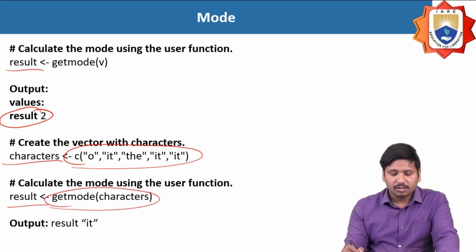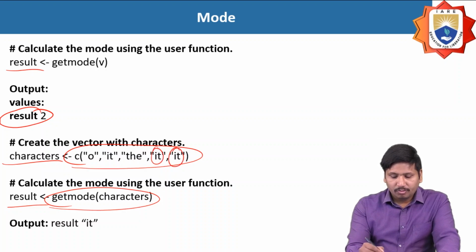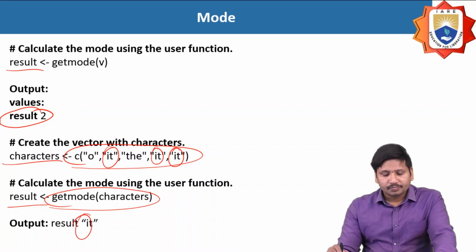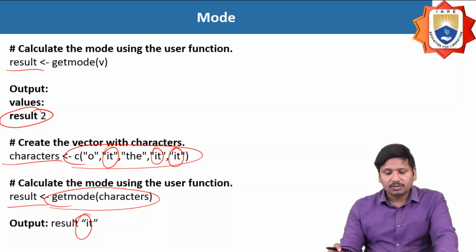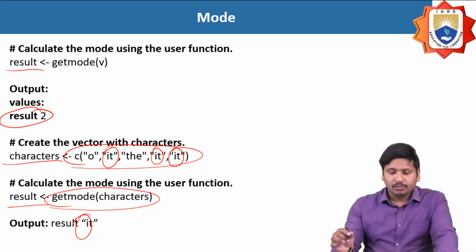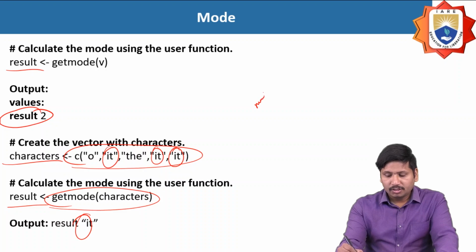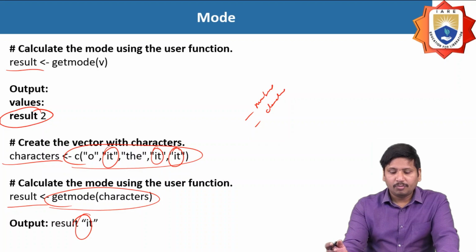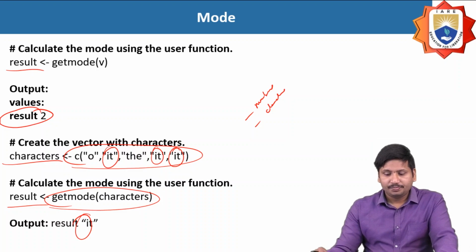The character that is repeated the most number of times should be the result. So you can calculate the mode for numbers as well as for characters. Whichever occurs the most number of times is the mode here.